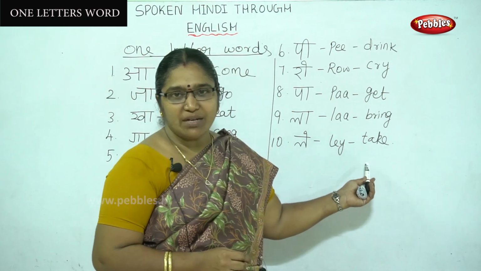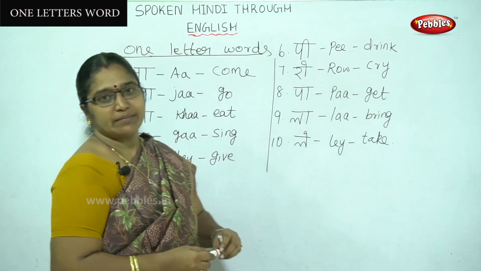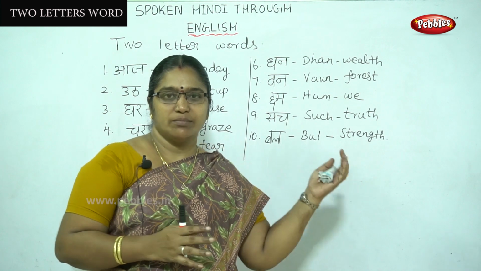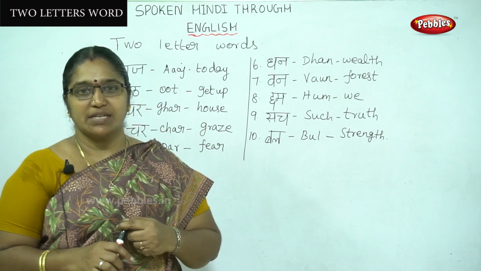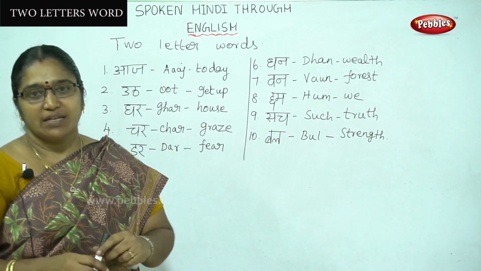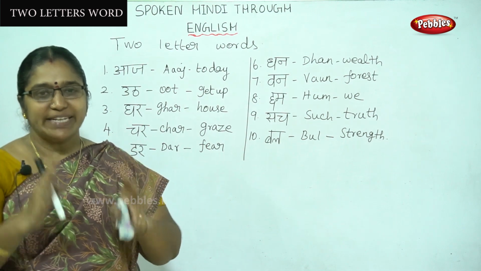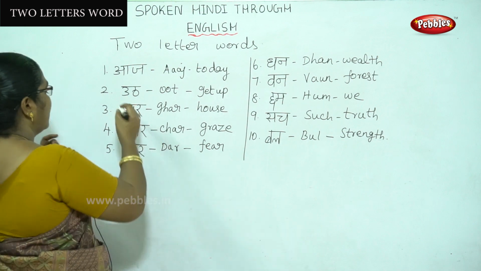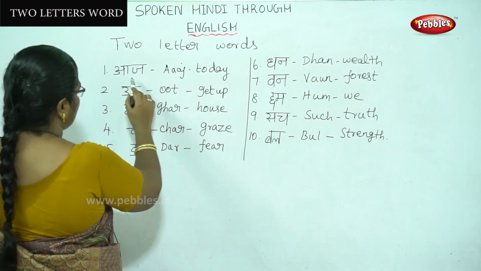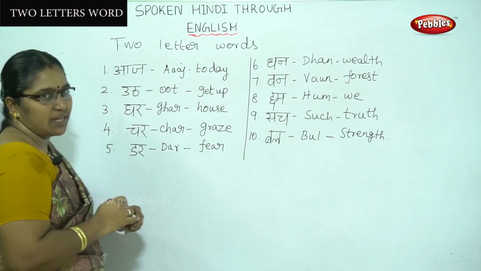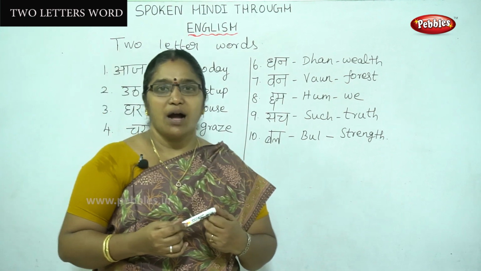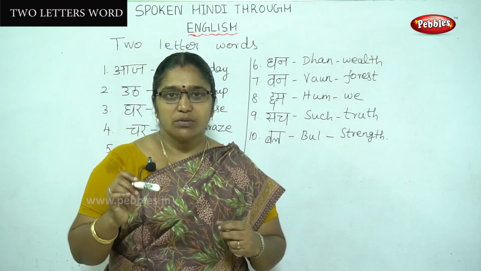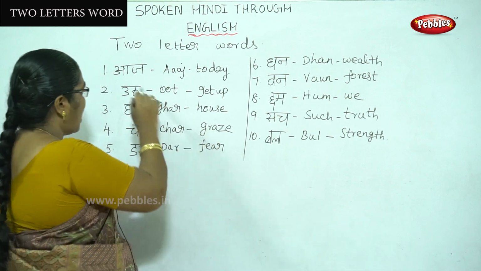Easily understandable? Okay. Now we can see some two-letter words. There are some rules for reading these words. See here, we can spell it as A-J, but we have to say it as Aj.